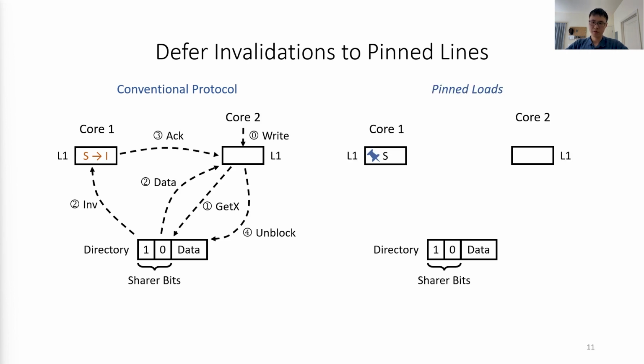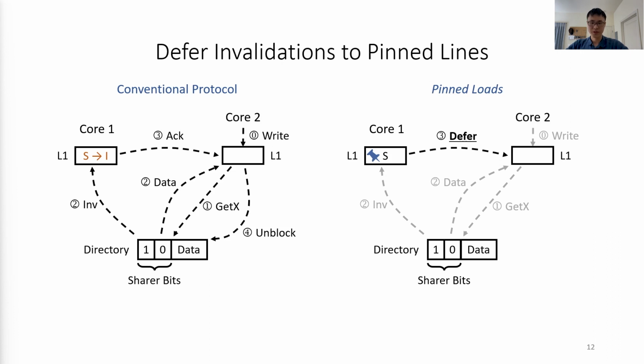With pinned loads, the first two steps are the same, but when core 1 receives the invalidation from the directory, it checks whether the line is pinned by any load. If it's pinned, which is the case in this example, it replies with a new message called defer to core 2, which tells core 2 to defer the current write and retry later.